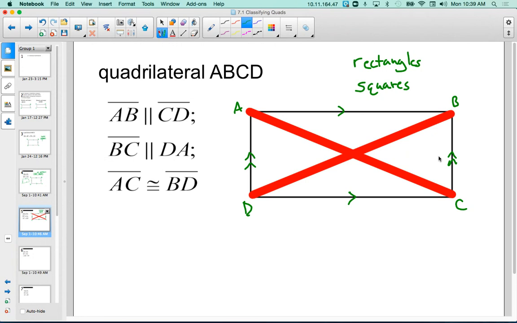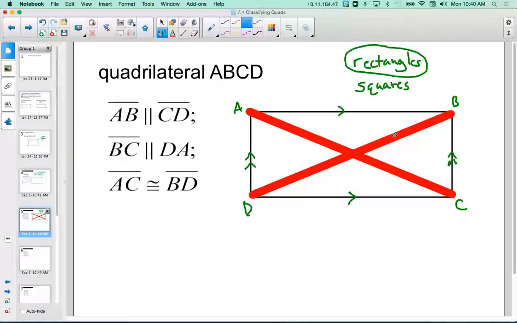Now the question is, which one's the best name? And just like we did a couple slides ago, the best name in this case is actually the least descriptive one, the rectangles, because we don't have another fact that would guarantee to make this a square. If we want this to be a square, we need another fact. We need some fact that's maybe diagonals are perpendicular, because that would fit then.